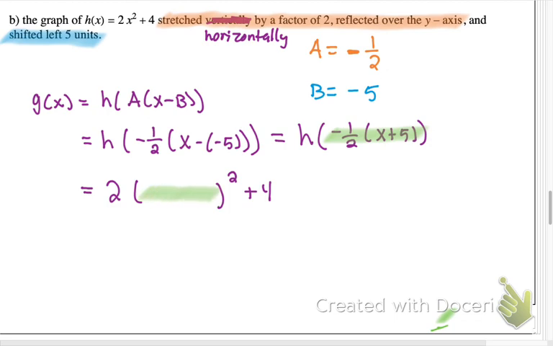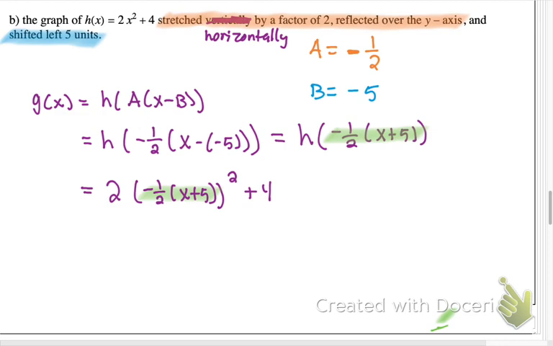That's what's going to go in this blank in the next step, right? h is the function that squares the input, multiplies by 2, and then adds 4. So I get negative 1/2 times x plus 5. Now we're going to square that, multiply by 2, and then add 4 at the end.